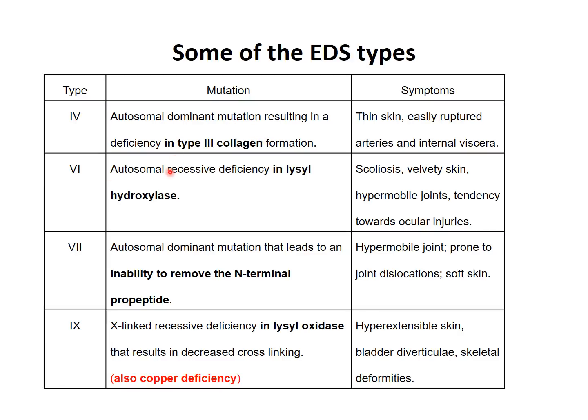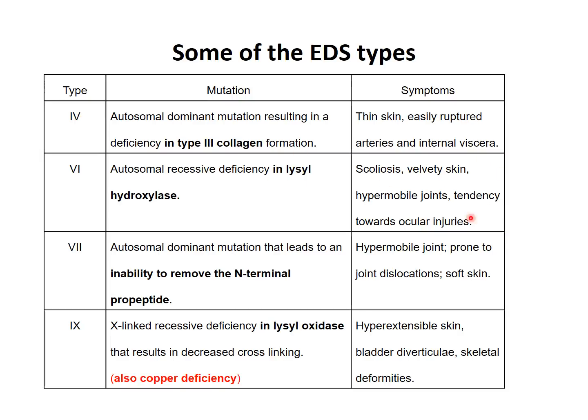Type 6 is an autosomal recessive deficiency of lysyl hydroxylase. You remember it's important to hydroxylate some strategic lysyl residues to bind to each other with hydrogen bonds, or to be further modified, glycosylated.